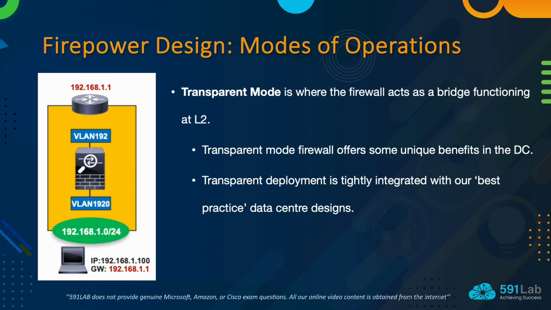Because the Firepower device is invisible to traffic in transparent mode, it can provide a layer of security without disrupting the normal operation of the network. This can be useful for deployments where it is important to minimize the impact of security measures on network performance.